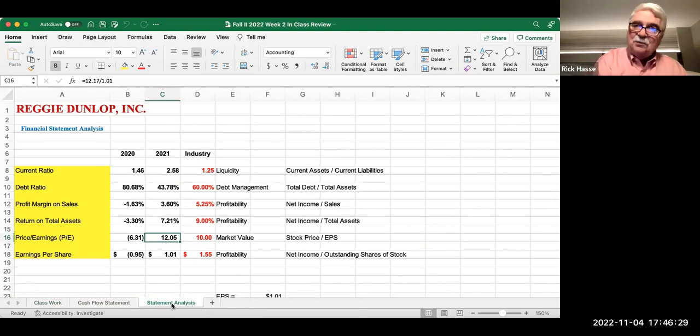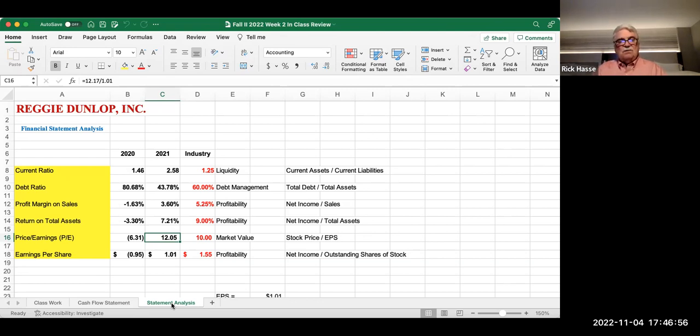The 6 key ratios we're looking at for our course: current ratio, debt ratio, profit margin on sales, return on total assets, price earnings ratio, and earnings per share. All of these are talked about in chapter 4, except earnings per share. We're doing that on our own, separate from your reading in chapter 4.